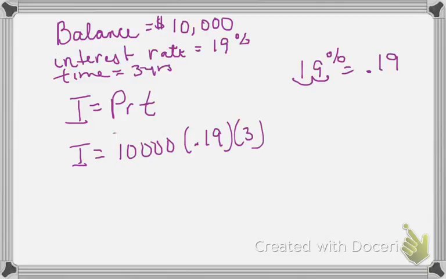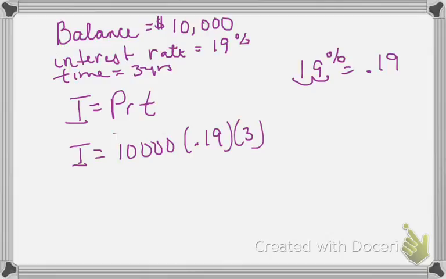And so we're going to multiply these three together using a calculator. So 10,000 times 0.19 times 3. Okay, so again, we're multiplying 10,000 times 0.19.